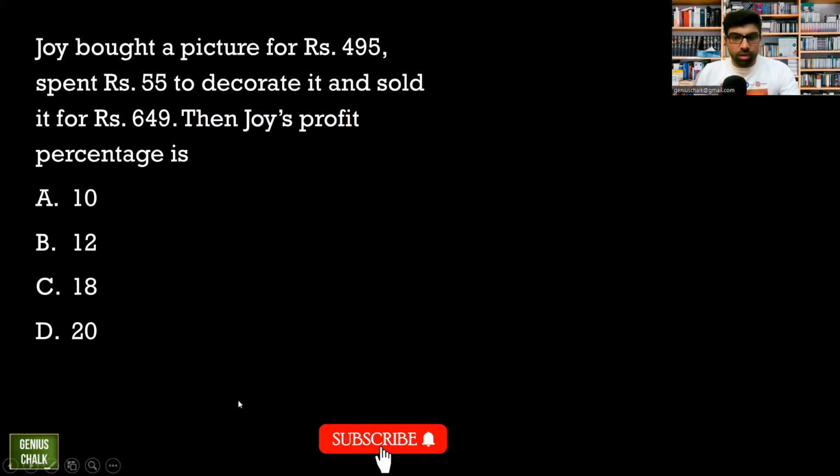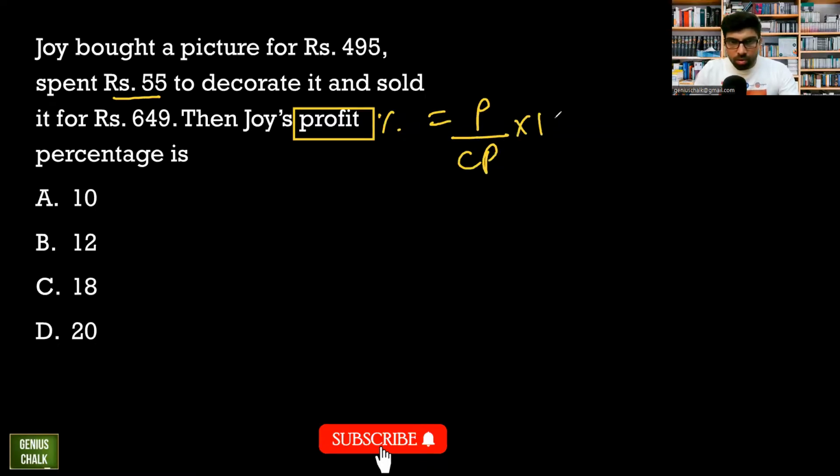Joy bought a picture for this much and spent this much to decorate it and sold it for this much. The Joy's profit percent. What is profit percent? Profit percent is profit by cost price into 100. And what is profit? Profit is selling price minus cost price, by cost price into 100.